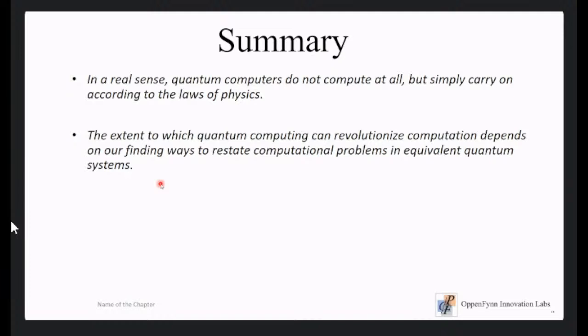In the second example, instead of doing a lot of calculations to find the minimum way to cover that area, we built a wire for a soap film and made that solve the problem. But as you can see, it's not straightforward to build these things. So it's important to find good ways to restate the computational problem so that a quantum system can solve it for us. I think that's a major challenge in itself.